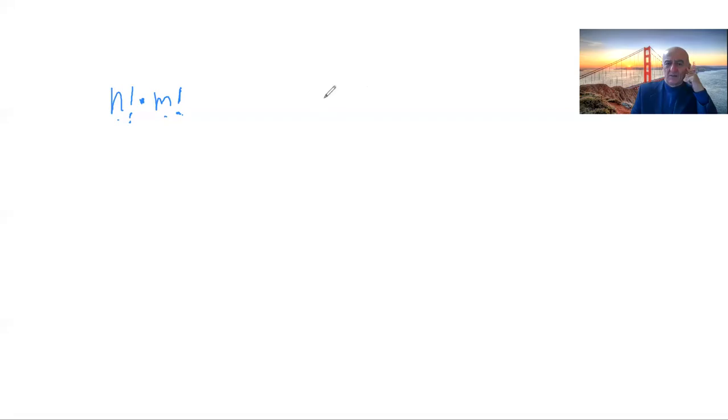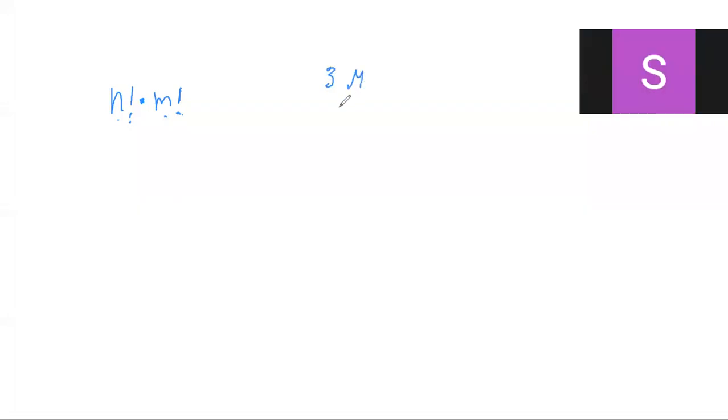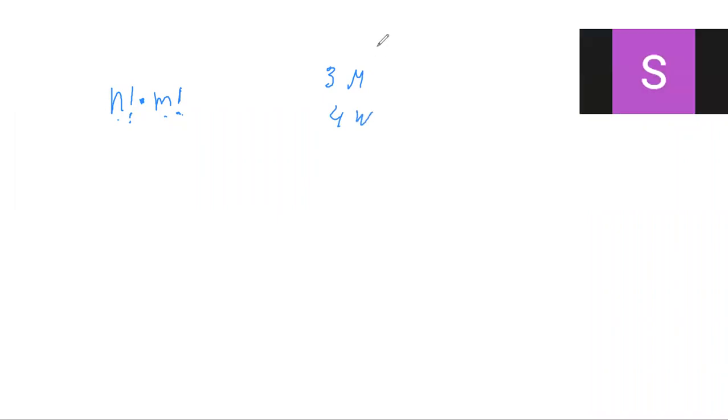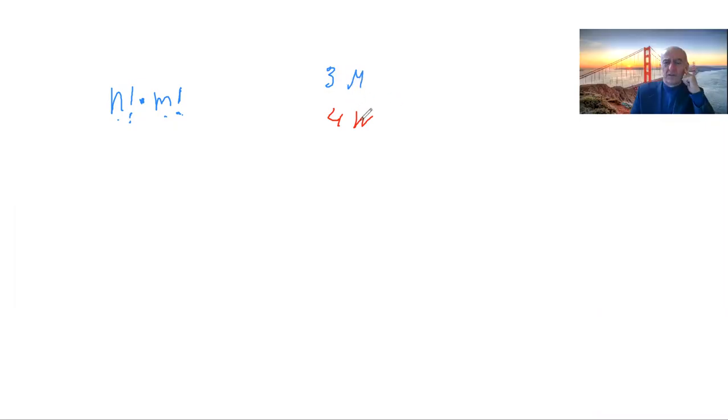Yes. So let's, for example, say we have 3 men and 4 women. We can combine them. So I wrote 3 times 4. So I made a combination. How many combinations can there be with men and women?